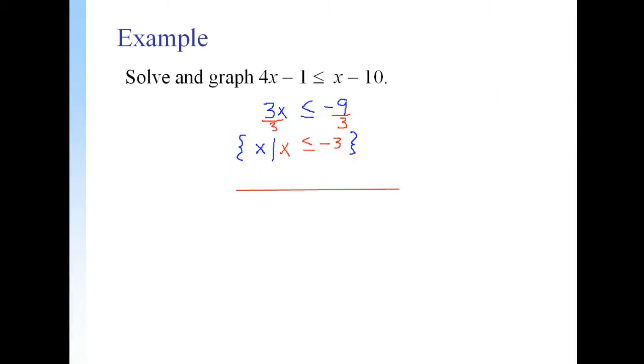Now to graph it, the number I'm interested in is -3. And what sign will I use here? A bracket or a parenthesis? Remember, it's x is less than or equal to. So this is going to be a bracket that faces this direction.